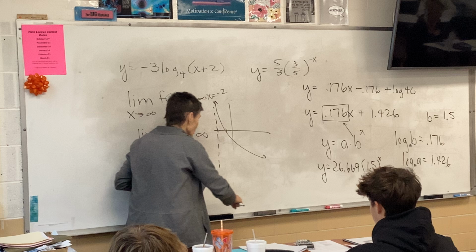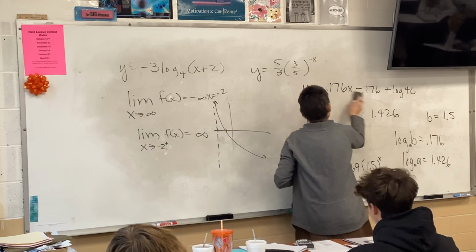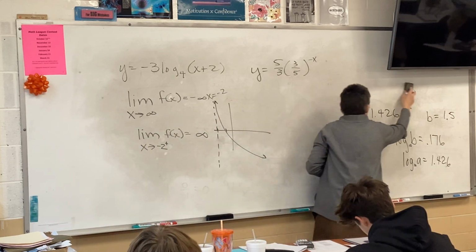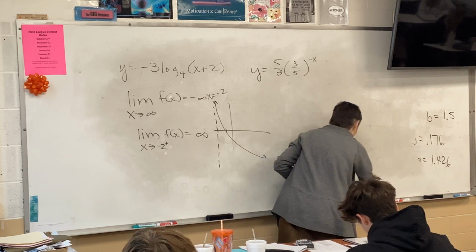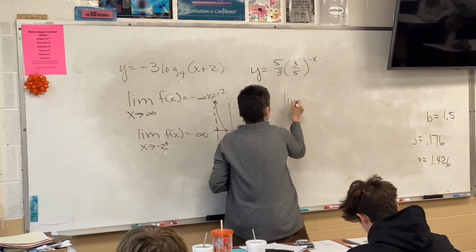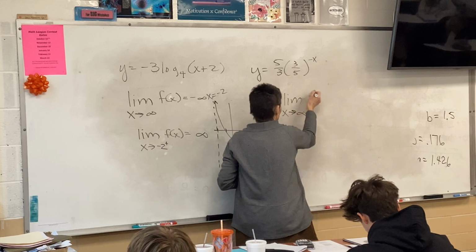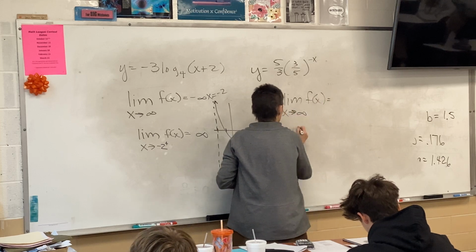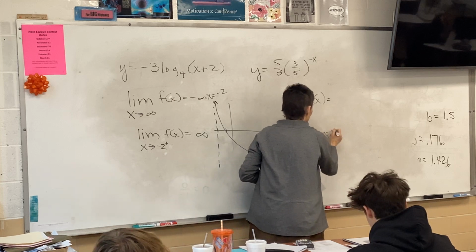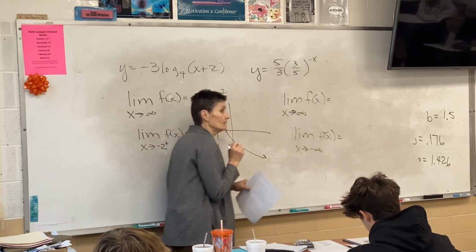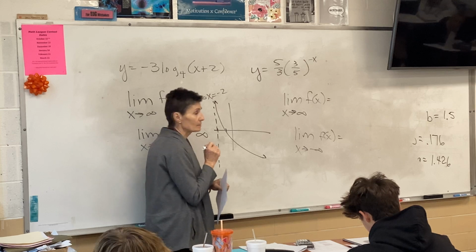All right, what about this one? Now, this is an exponential. So it is going to have the normal end behavior. We're not going to change our end behavior. What is it going to look like?